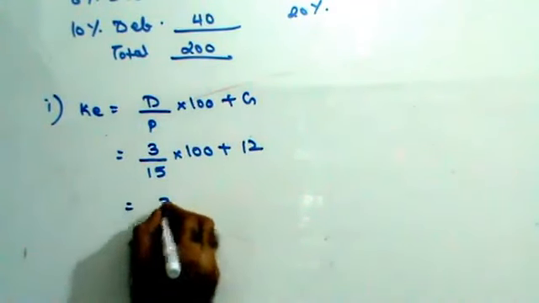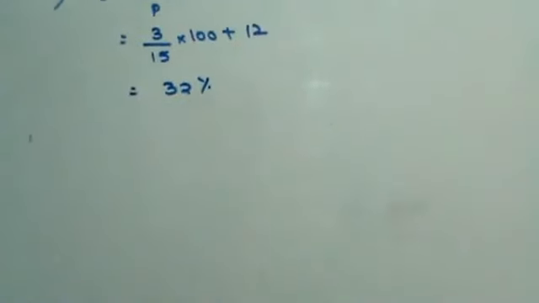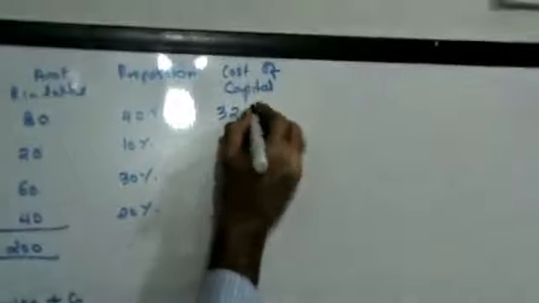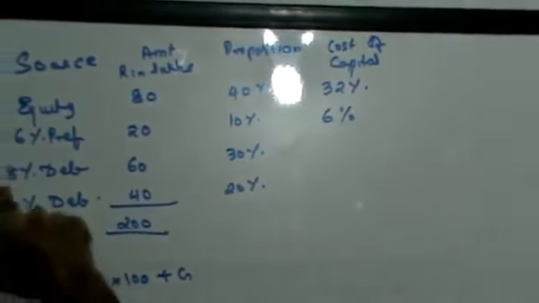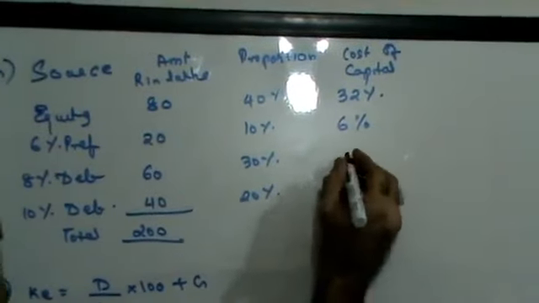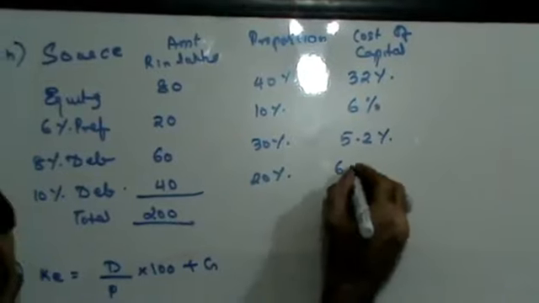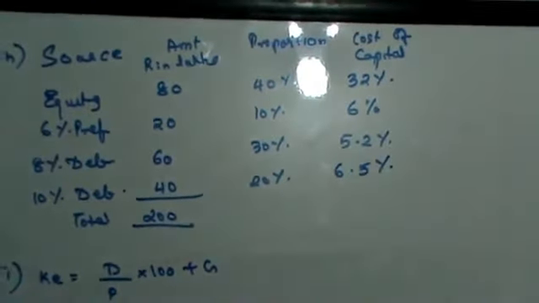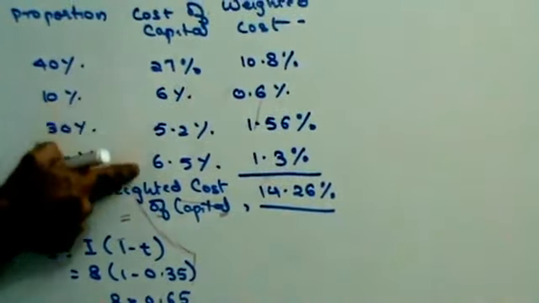So this is 32%, right? Preference shares, you write the same percentage. This we have already calculated using the formula, 5.2% and 6.5%. We already calculated, guys, you can see this here.